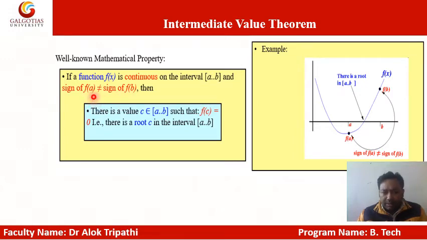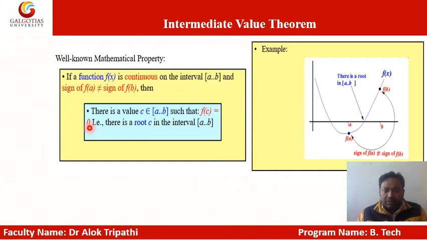If f(a) is negative then f(b) should be positive. Then there is a value c in this interval between the points a and b. There exists one value c such that f(c) equals to 0.